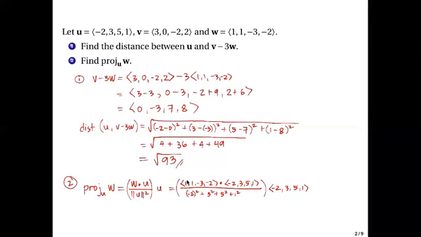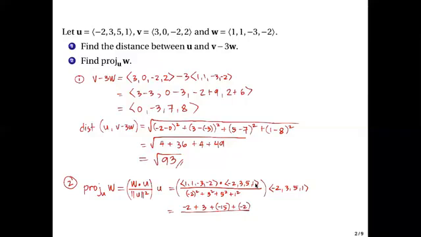For the dot product numerator, it's component-wise multiplication and then you add all those products. So you have 1 times negative 2, that's negative 2, plus 1 times 3, that's 3, plus negative 3 times 5, that's negative 15, plus negative 2 times 1, that's negative 2.